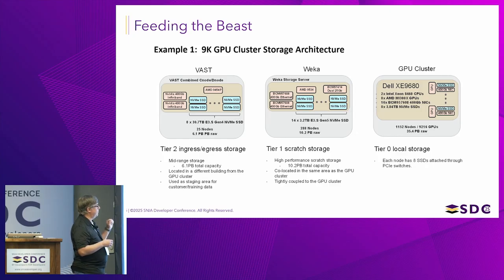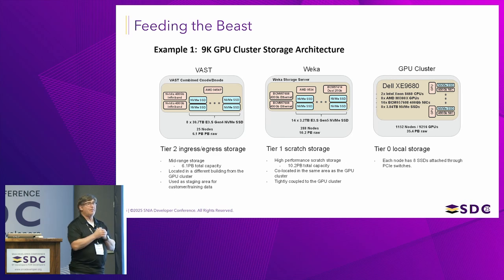storage deployment. If you look at it, the ingress is about 6.1 petabytes. The scratch storage is about 10.2 petabytes. But they have 35.4 petabytes of local storage.